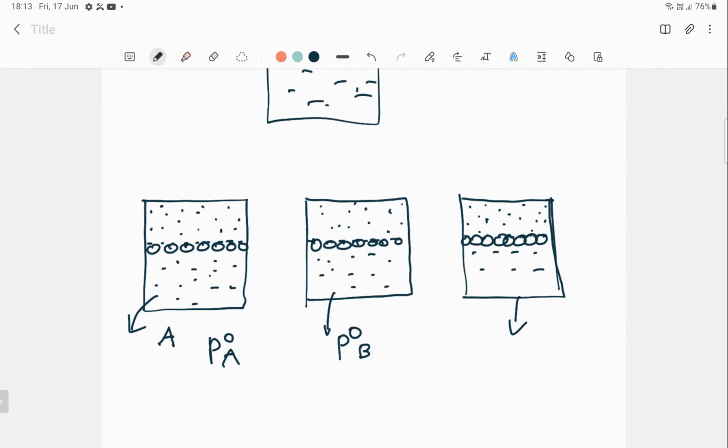Okay, what will vapor pressure depend on? No, it's not density. Wait.